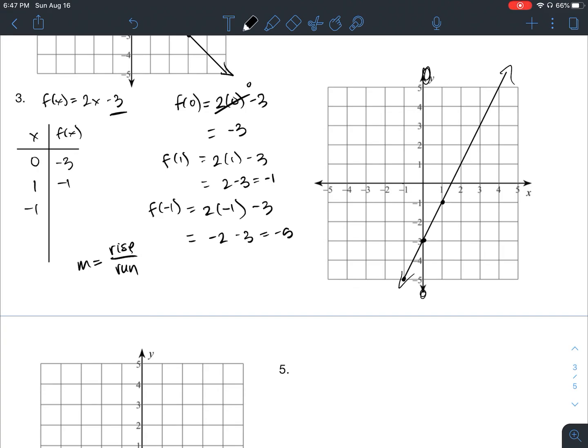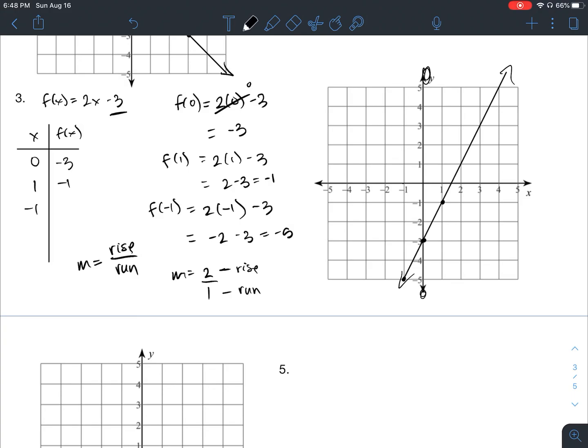So in this case, we said that our m is equal to 2, right? Just remember that anything divided by 1 is itself. So we could say that this is really 2 over 1, because 2 divided by 1 is 2. So this would be our rise, and this would be our run.